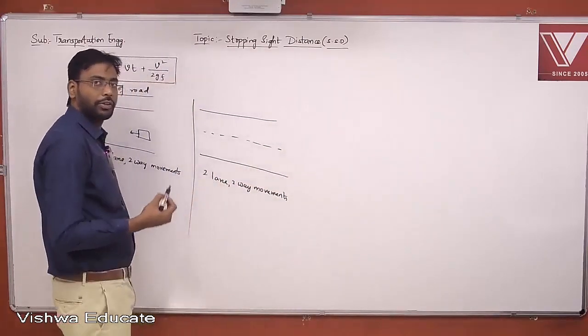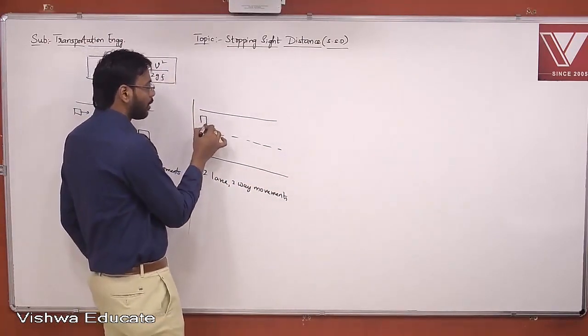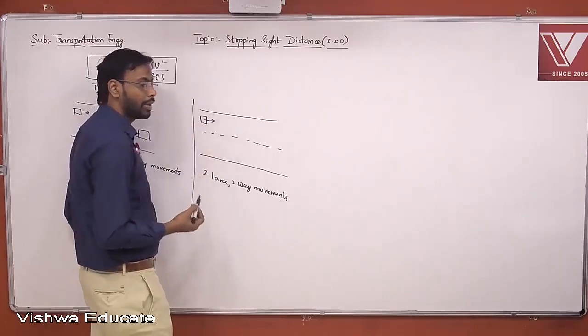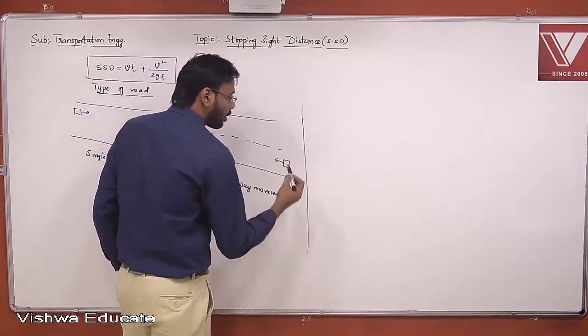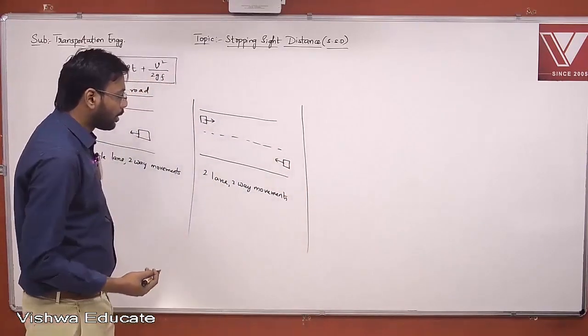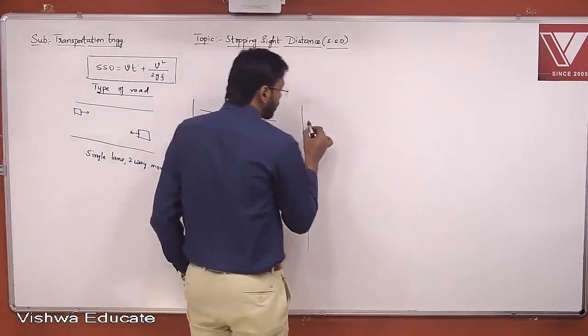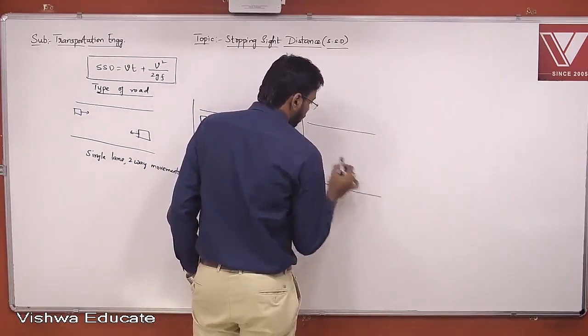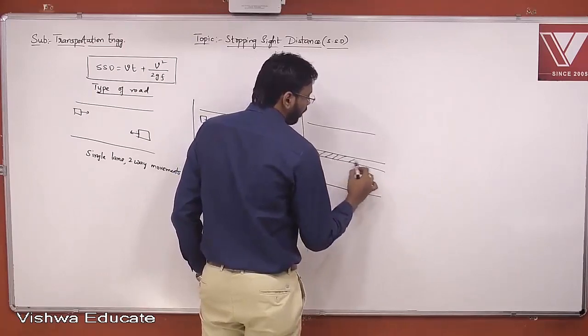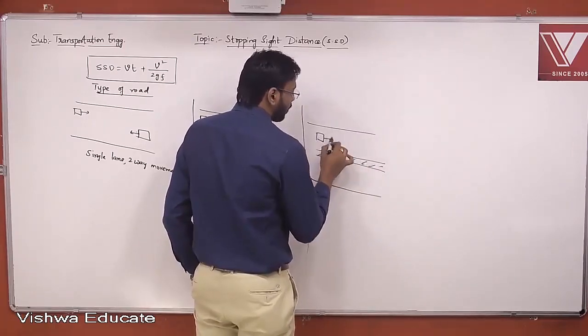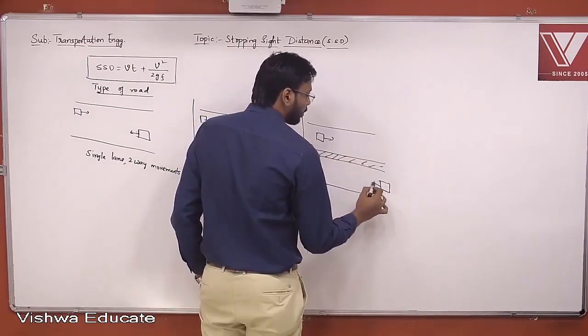So as it is having two lanes, one movement will be in this direction, in this lane, and another movement will be in this direction, right? And there is one more case here. Let me write for you. This is a median here, and this is one lane, and this is another lane.